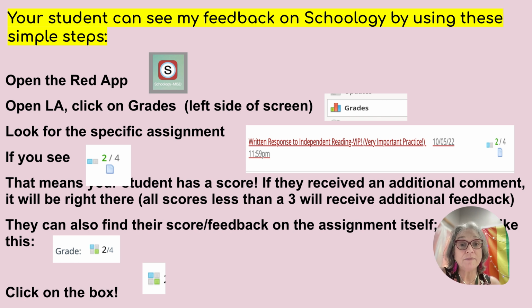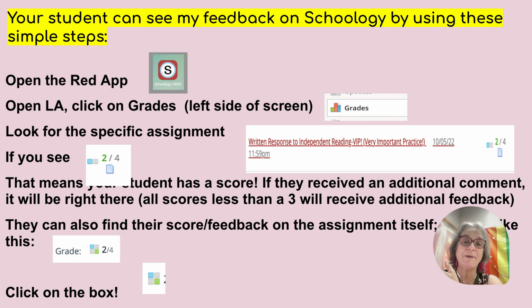So anytime students receive less than a 3 on an assignment, I will give further feedback than the proficiency scale. And that gives them an opportunity to read my feedback, to revise their work, and then to resubmit. With the feedback loop, I tell students they have 3 opportunities to resubmit.